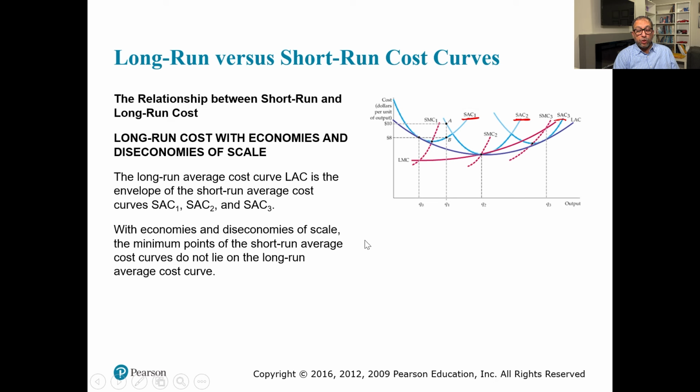If there are economies and diseconomies of scale, these points can be different. They can be lower, but they can be higher as well.